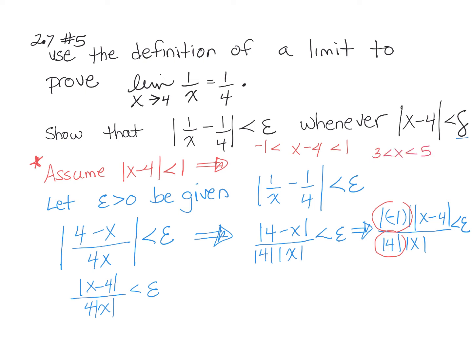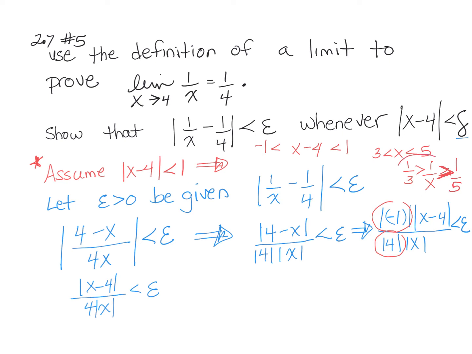And then we will take the reciprocal of each of these, and that is going to change the direction of our inequality: 1 over x is less than 1/3 and greater than 1 over 5.